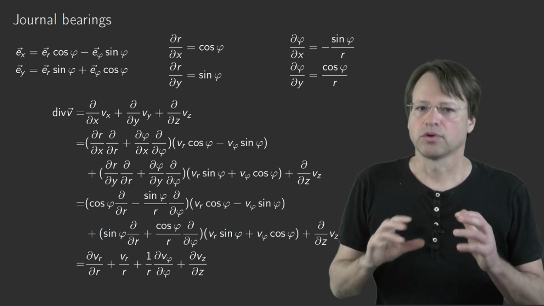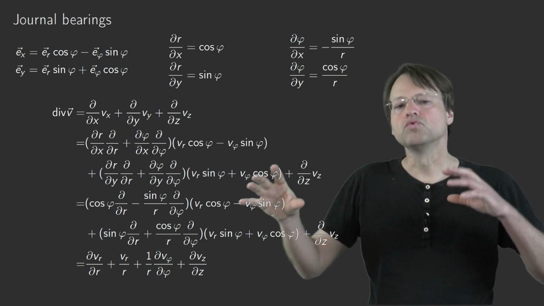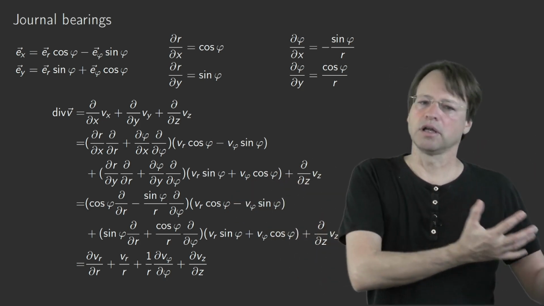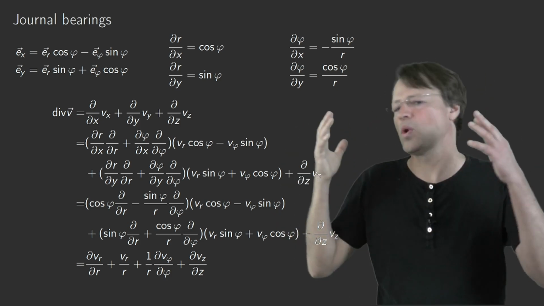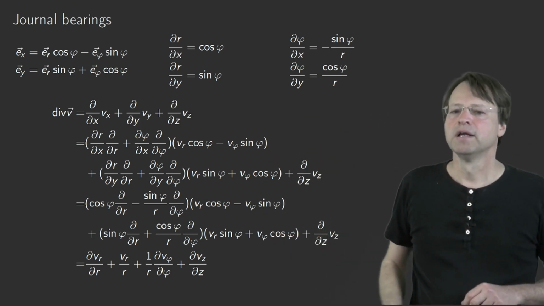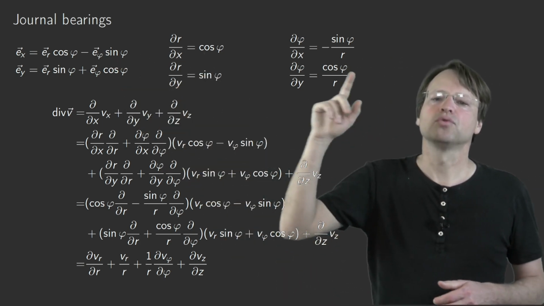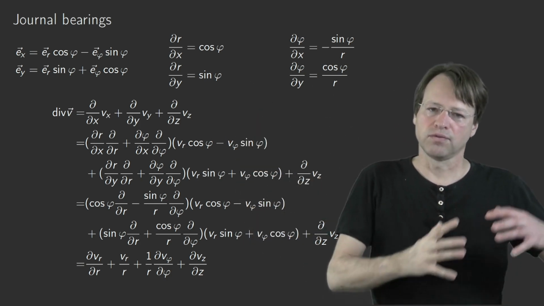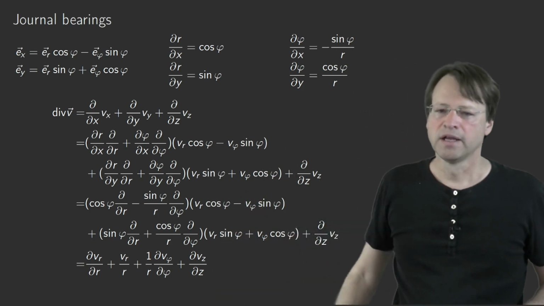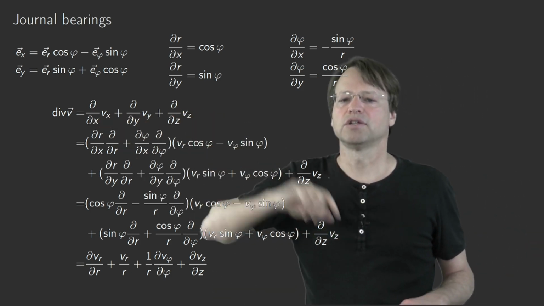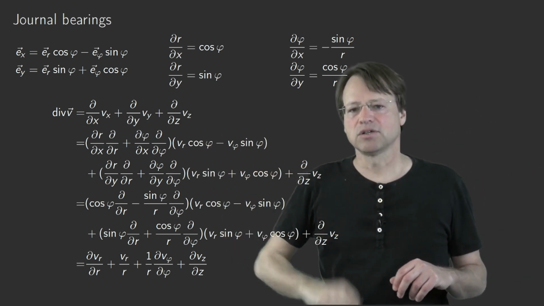So let me repeat the important steps. First, there's some work to do. Namely, you need the transformations between the two coordinate systems, Cartesian and whatever else. Here, for example, cylindrical. You could also take spherical or whatever coordinate system you like. You also need the transformation of the base vectors. You have to compute all the partial derivatives of your new coordinates with respect to the Cartesian coordinates. You start with a differential operator noted in the classical format, but in Cartesian coordinates.